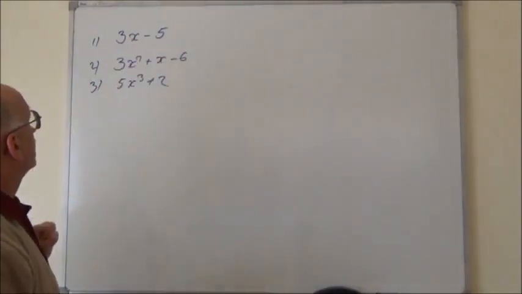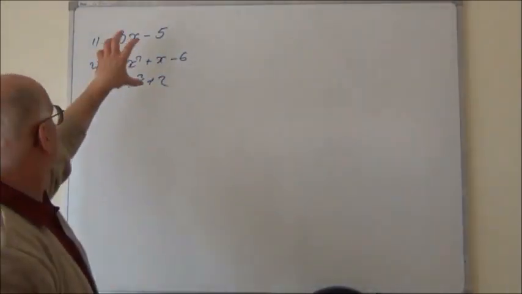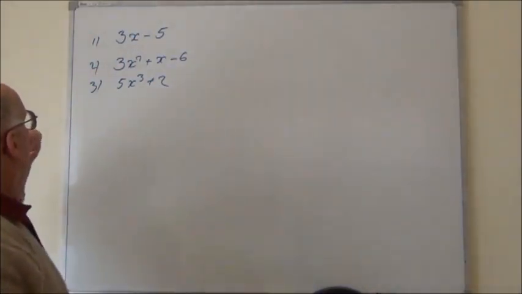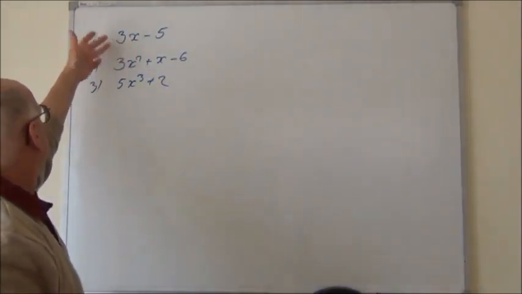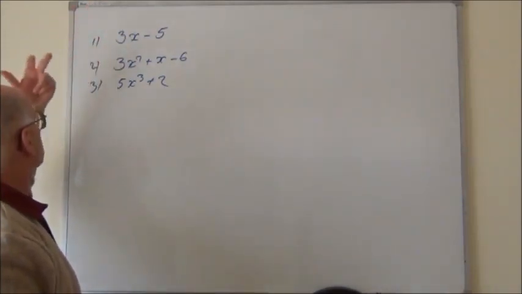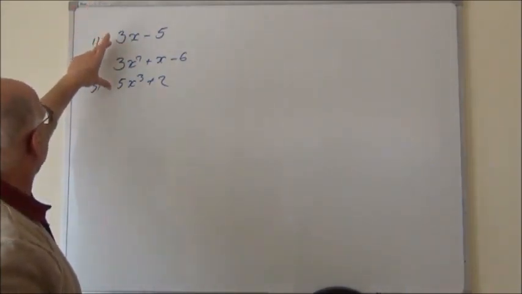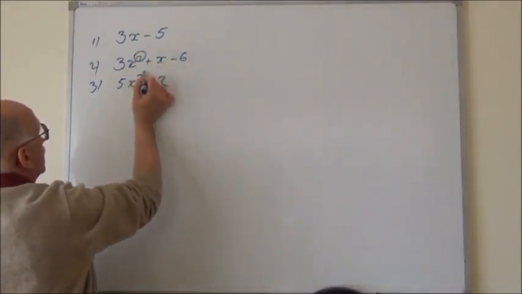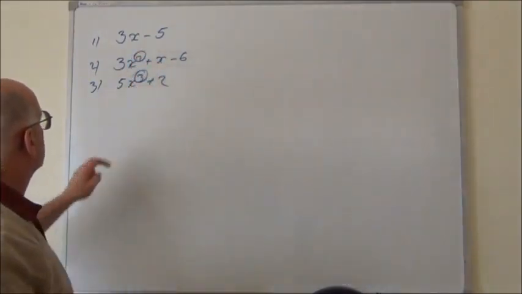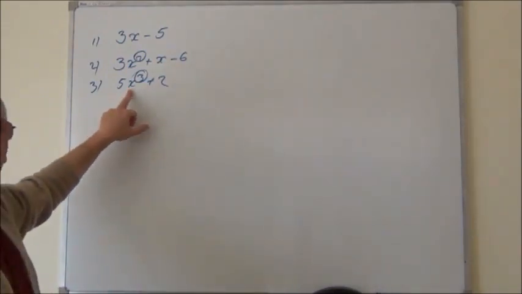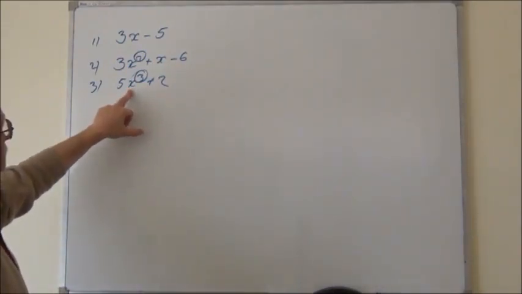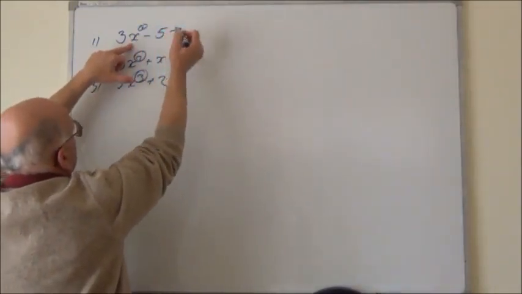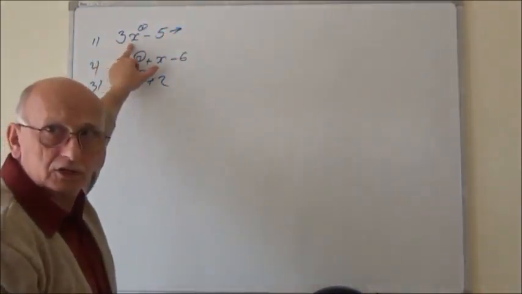Consider just those 3 expressions. What is the difference? 2 terms, 3 terms, 2 terms is not really that important, but the power of x is important, the highest power of x in any term. As here the highest power of x is 1, we call that a linear expression.